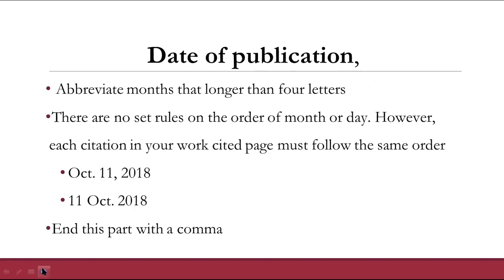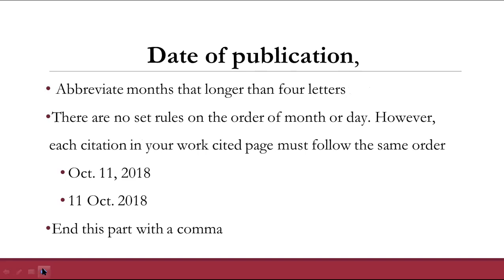The date of publication. We abbreviate months that are longer than 4 letters. So if the month is May, then you can simply write out May or July. But if it's October or November or December or August, then you would just use the 3 letter abbreviation.